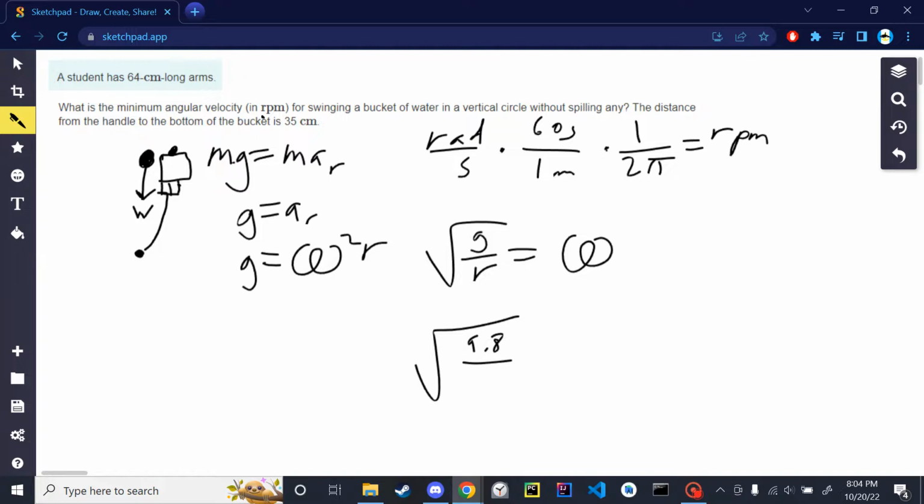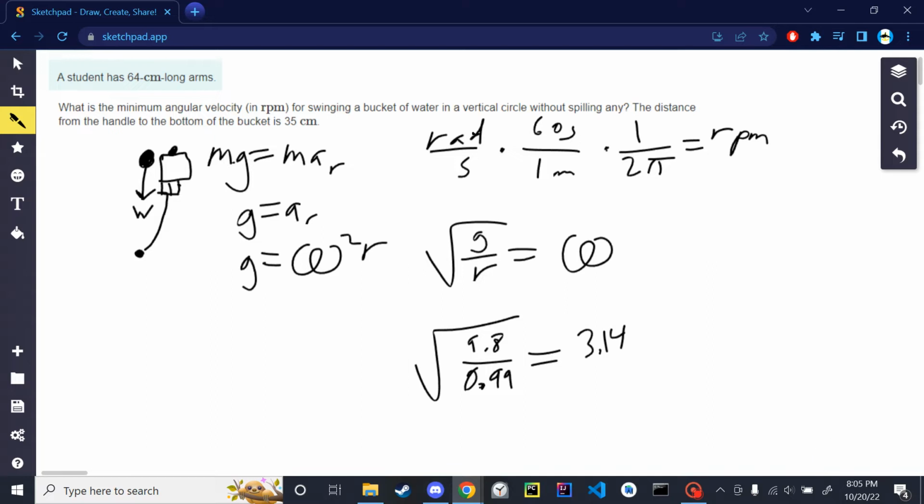So your radius is going to be your 64 centimeter long arms and your 35 centimeter long bucket added together, which would give us 99 centimeters or 0.99 meters. So our angular velocity in radians per second is 3.14, basically pi.